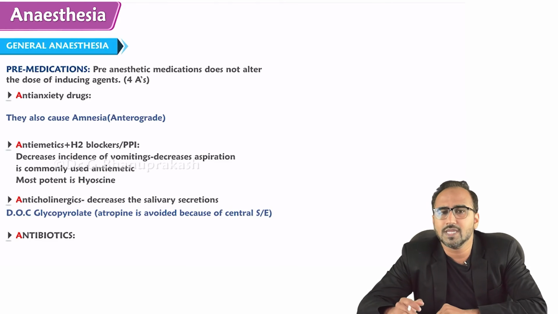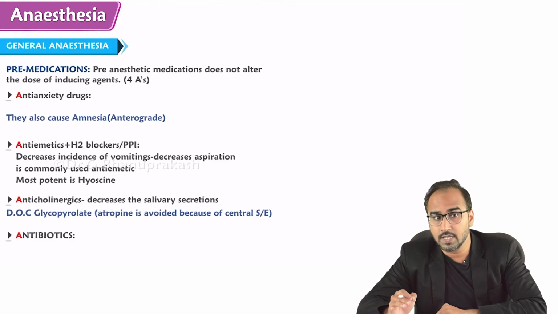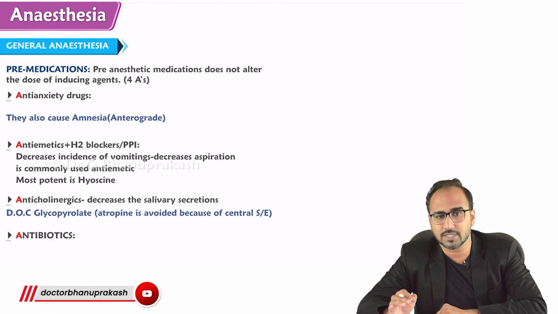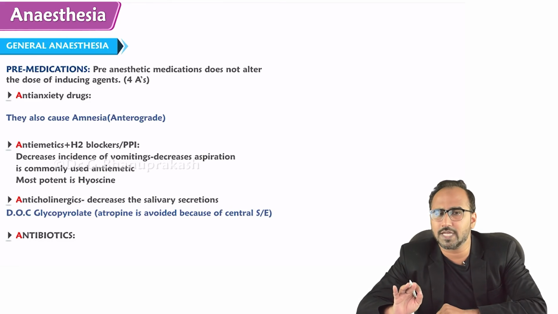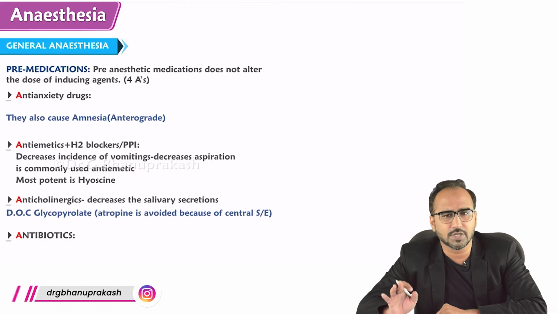Why? Because in laparoscopic surgery, we use a gas called carbon dioxide to insufflate the abdomen, which usually irritates the patient. So we have to go for general anesthesia. The main indication is above umbilicus surgery, right?